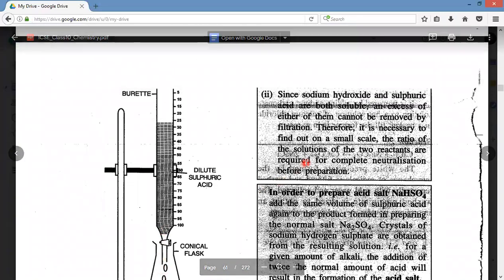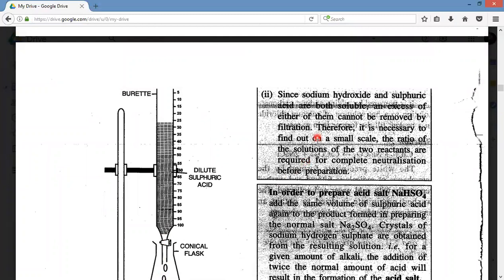Another point: the ratio of sulfuric acid and sodium hydroxide should be in the proper scale. Otherwise, complete neutralization will not occur. That is required for the preparation.